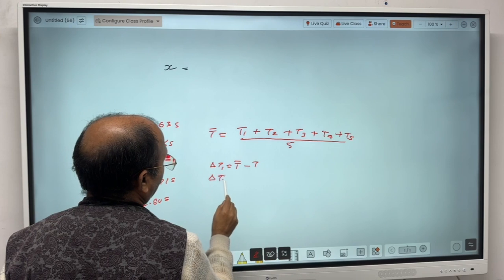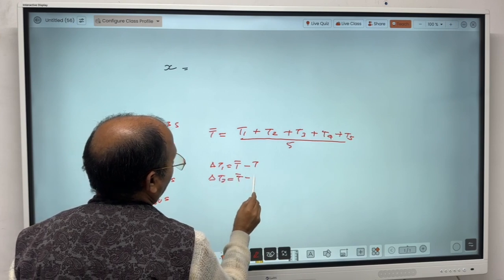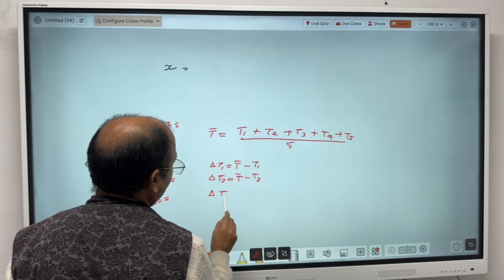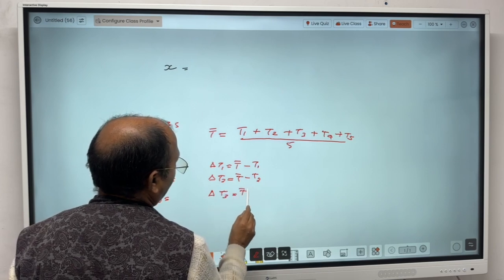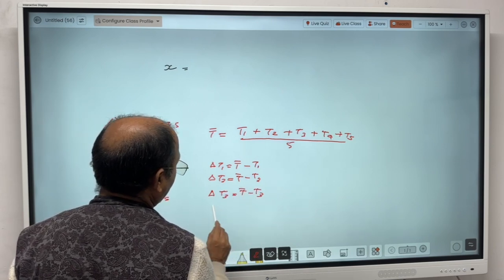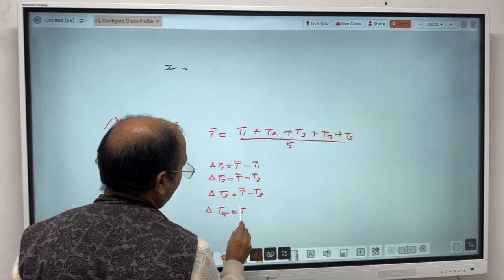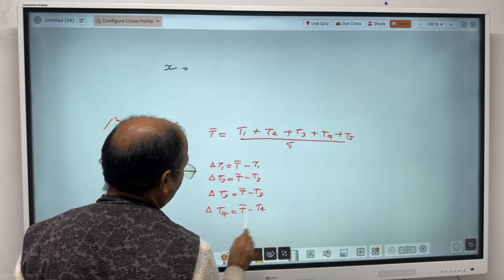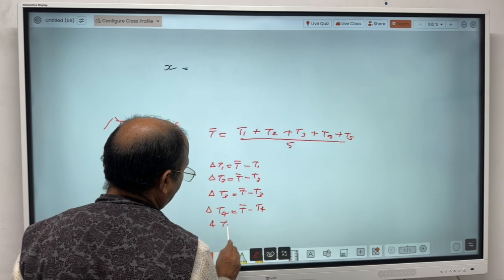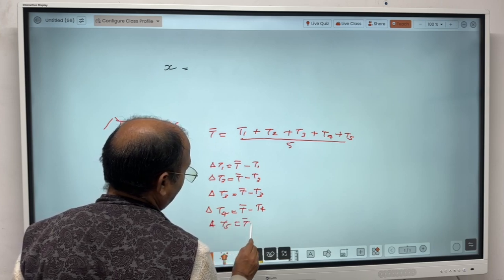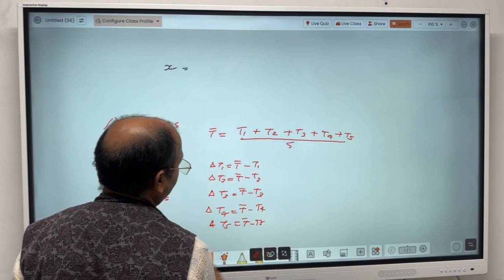Similarly, delta T2, T bar minus T2, then delta T3, which will be T bar minus T3, delta T4, which is T bar minus T4, then delta T5 will be equal to T bar minus T5.